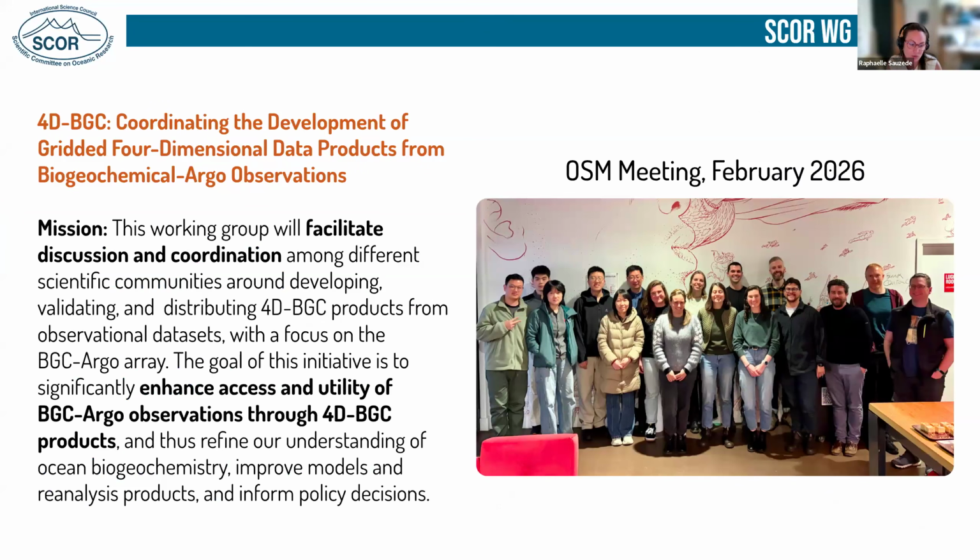The goal is to significantly enhance access and utility of BGC Argo observations through these 4D BGC products, and thus help us refine our understanding of ocean biogeochemistry, improve models and reanalysis products, and finally inform policy decisions. Here you have a picture of the group that met during the last Ocean Sciences meeting in February.